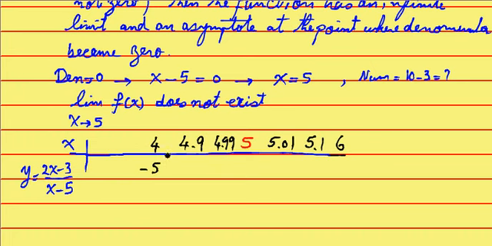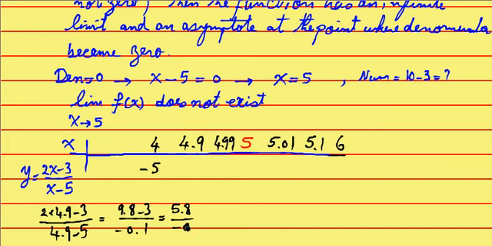Taking another step, 4.9, 2 times 4.9 minus 3 divided by 4.9 minus 5, that is 9.8 minus 3 over minus 0.1, 5.8 over minus 0.1, that is minus 58. You can try that one. You see it's an even much larger negative number and so on.